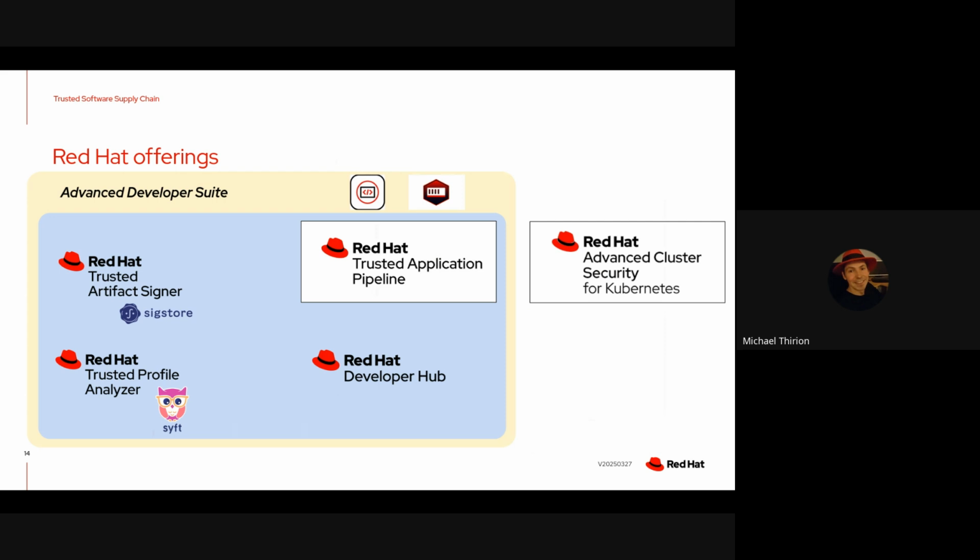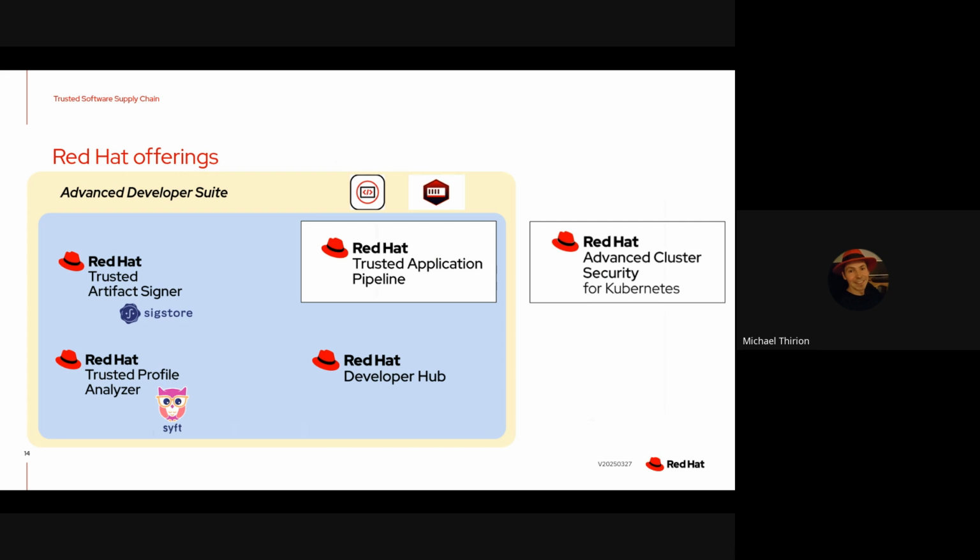And then you have Trusted Profile Analyzer, which upstream you will find named as Syft. Right? But it's not only Syft, but Syft is maybe the core element of this part. Now, if you take those two products and you add Developer Hub, you will find a bundle called Trusted Application Pipeline.